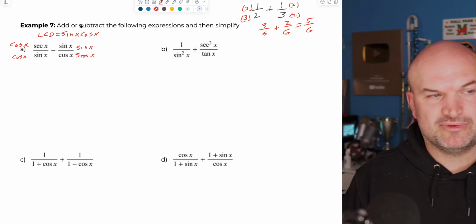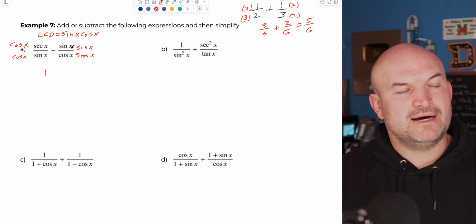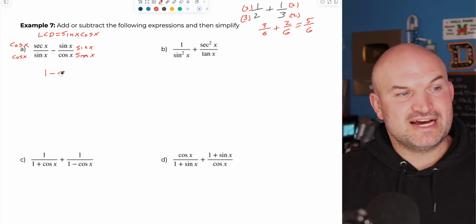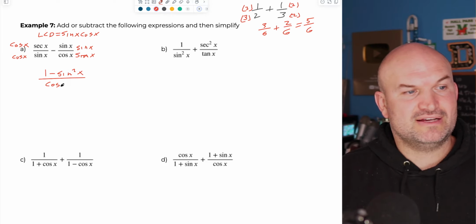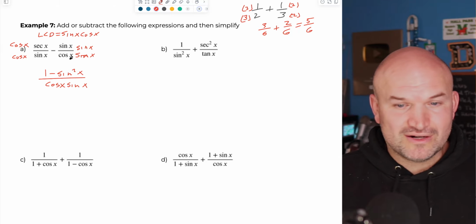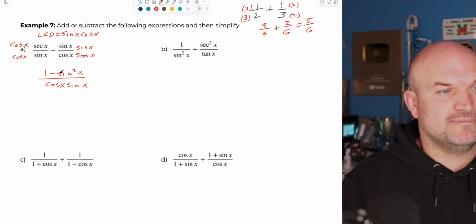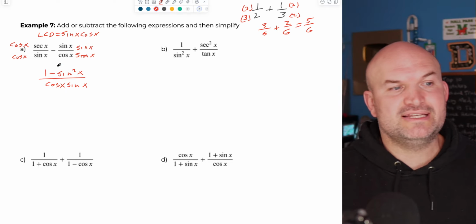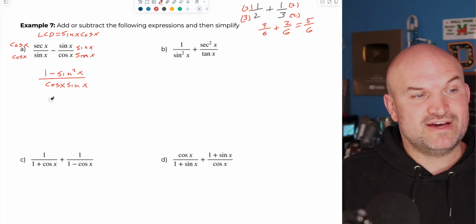Now let's do some simple math here real quick. Cosine of x times sine of x, that's going to equal 1. Sine of x times sine of x, that's going to be sine squared of x. And that's going to be all over cosine of x times sine of x. Now again, before we get anywhere far, ladies and gentlemen, we need to remember to simplify, and we can see that 1 minus sine squared of x can be reduced to cosine squared of x.